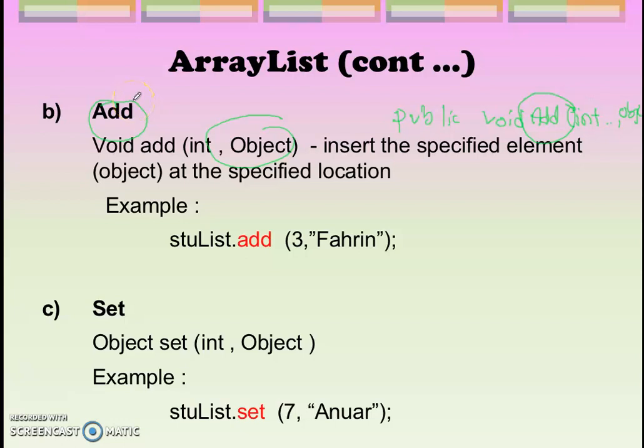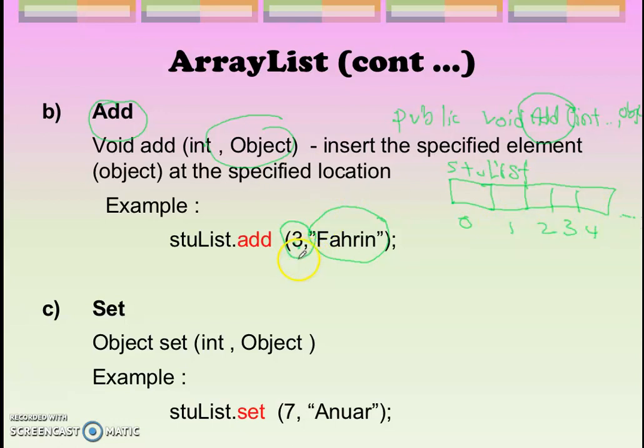Guna je add ni. So contohnya, tadi you create rumah nama tulis. Here is tulis. Okay, so you want to insert Fahrin. You nampak kat sini, this one is integer ke berapa? Integer ke berapa represent index ke berapa? So Fahrin is our data that you want to insert to that index. So we can just imagine that you already inserted up to 10: 0, 1, 2, 3, 4, blah, blah, blah.